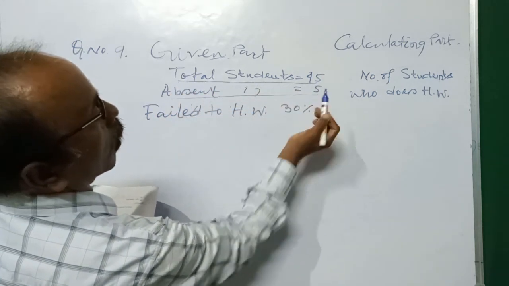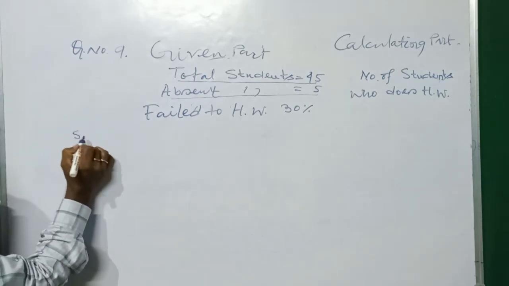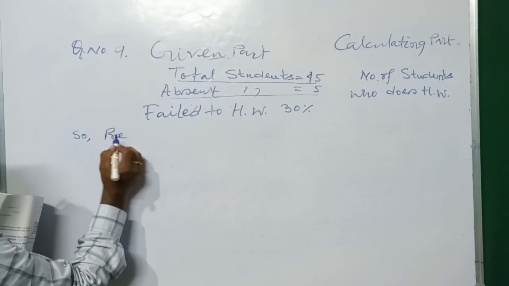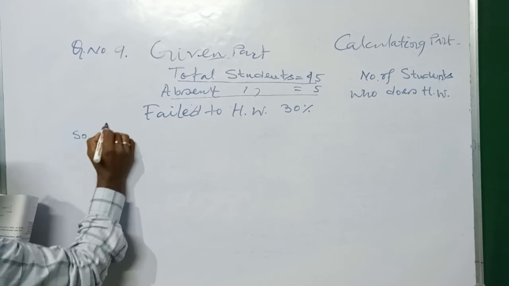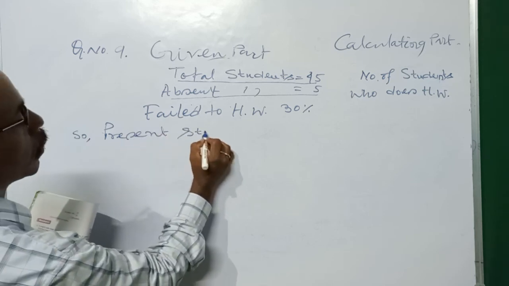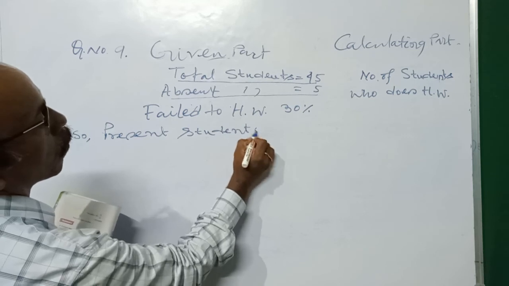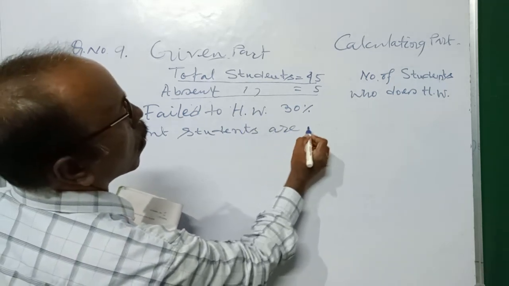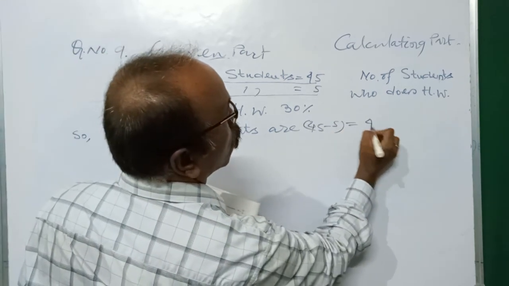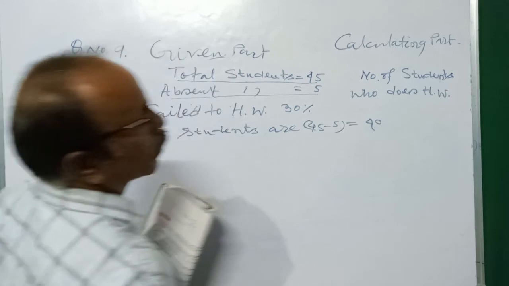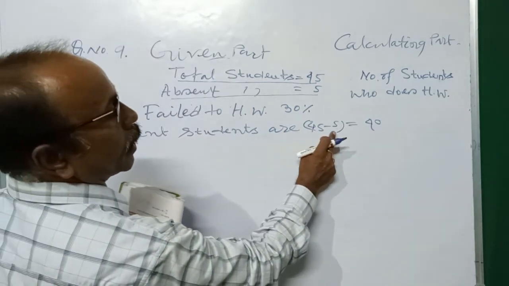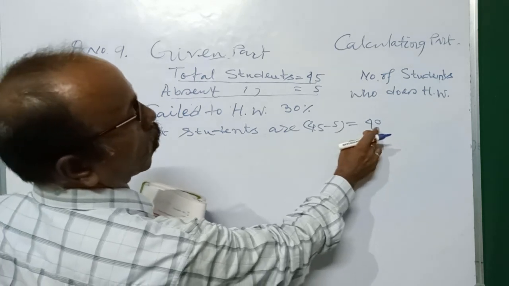Absent students number 5. So, present students are 45 minus 5 is equal to 40. Am I clear? Present students are 45 minus 5 is equal to 40.